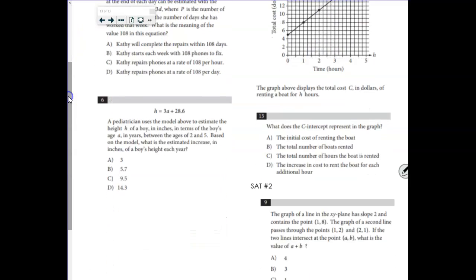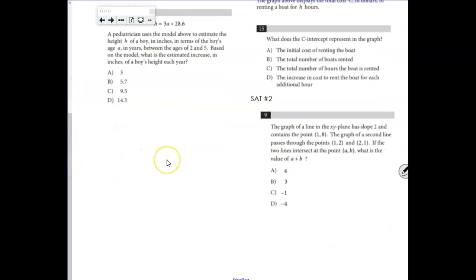The reason I want to keep the presentation going, guys, is because there's some SAT questions on the practice worksheet you're getting, and there's one I would like to look at. It's a doozy. This is from SAT test number 2, on the no calculator section, number 9. So it's about midway through the no calc test.